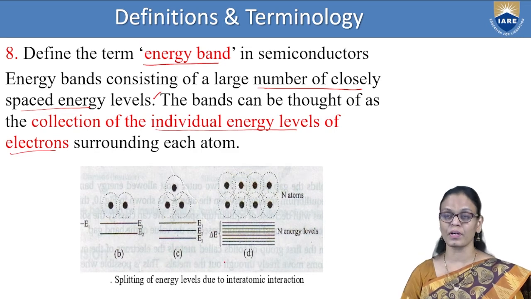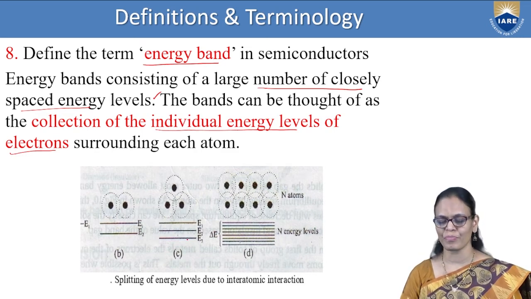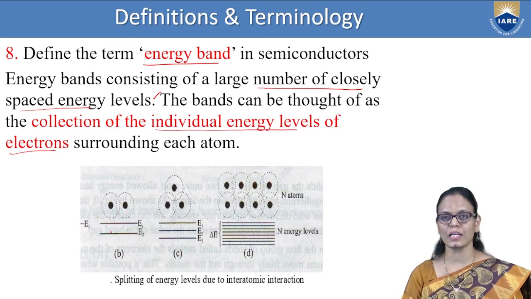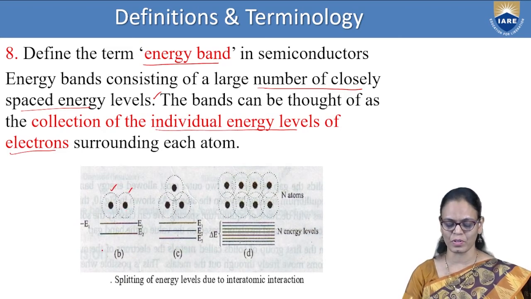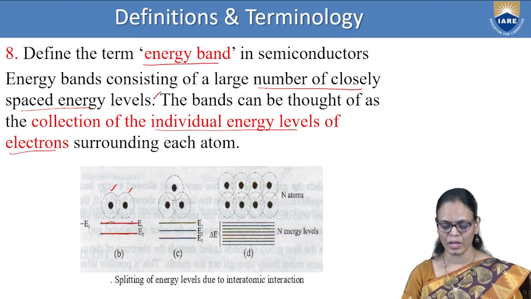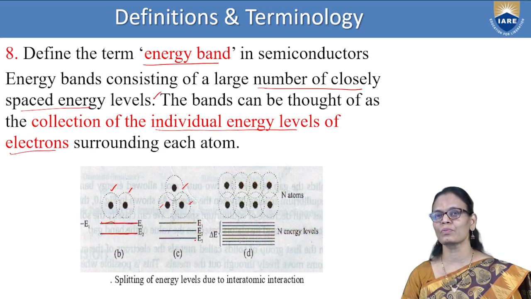Let us try to understand it with the help of this figure. Suppose we have two electrons. You see here in the first figure, there are two electrons, and we can represent the energy levels. This is one level and this is one level, two levels for two electrons. Now, if you are considering three electrons, they are denoted by the energy levels E1, E2, E3 and so on.